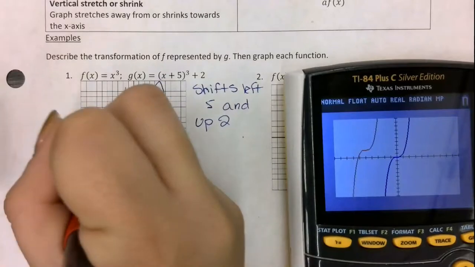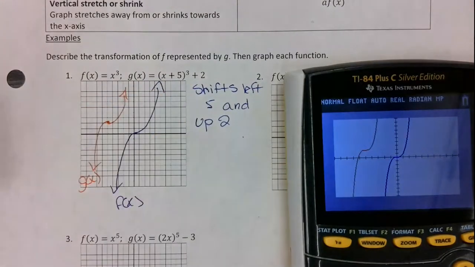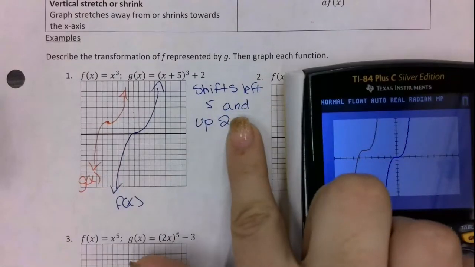And then I just have to sketch the graph. Questions on number 1? We described the transformation over here.